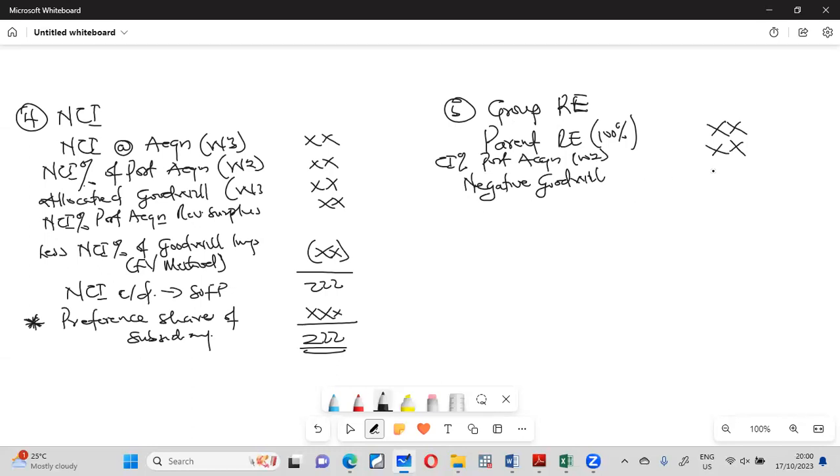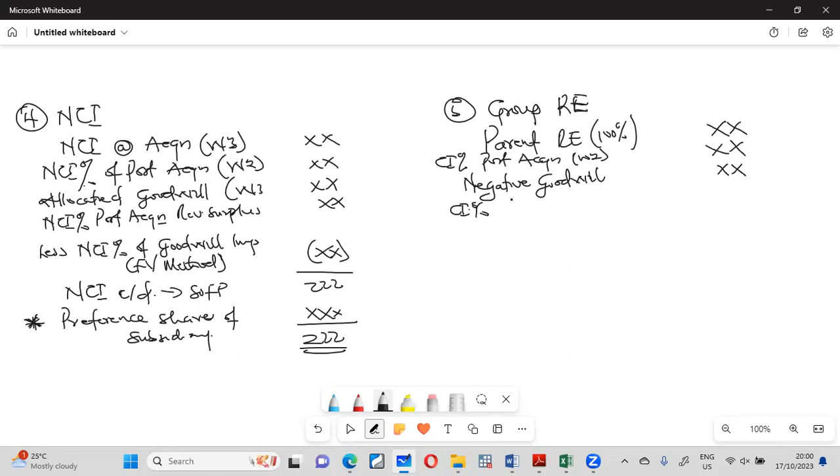So the negative goodwill, which is a gain for you, normally which will go to P&L, will come here. All right, don't forget that. Then we have the impairment. So the impairment, we say you share the impairment. All right, you share the impairment. So CI share of impairment when it is fair value method.